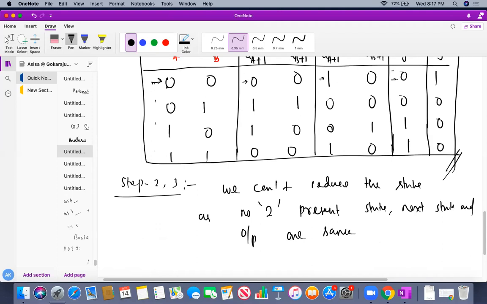See here, if it is 0 0 here and also 0 0 there, with the next state also 0 0, the next state also 1 0 and 0 1, then you can cut one of the states. We'll see some problems like this, then you can understand at that time, so don't worry. Now what is step 3? Step 3 is to assign binary values to each state.